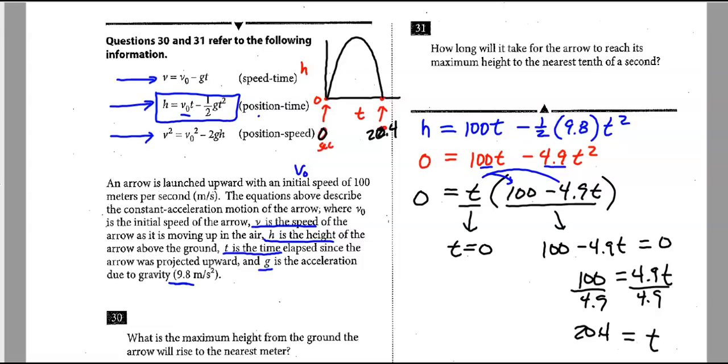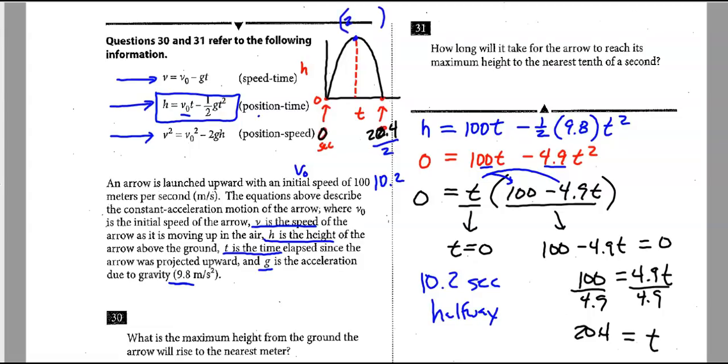So I know when this maximum is going to occur: exactly at the halfway point. Right there. So what is half of 20.4? If I chop 20.4 in half, I get 10.2 seconds. So 10.2 seconds is the halfway point, which is going to be right there.